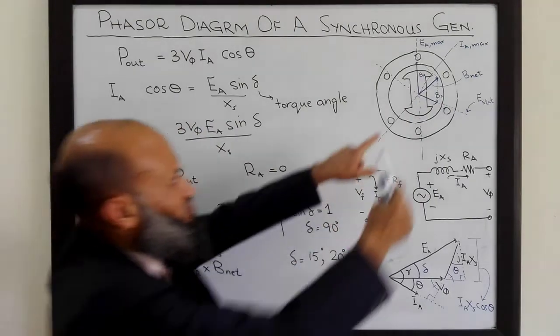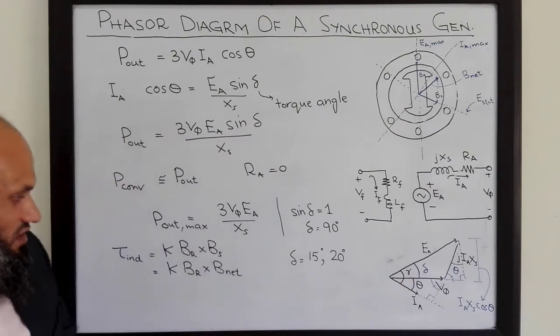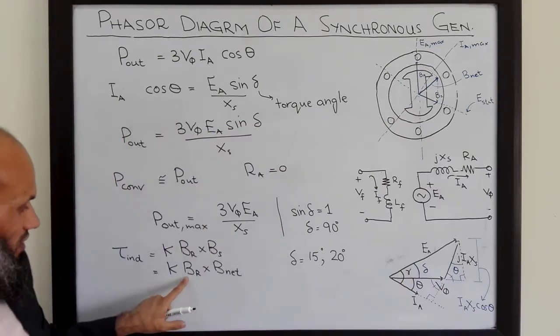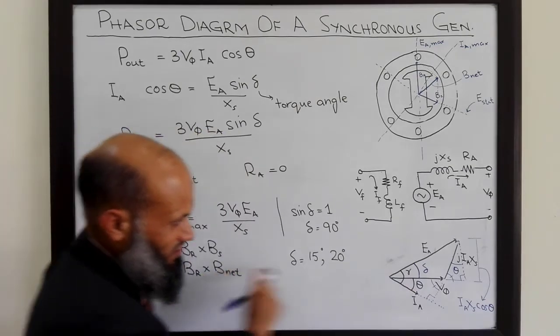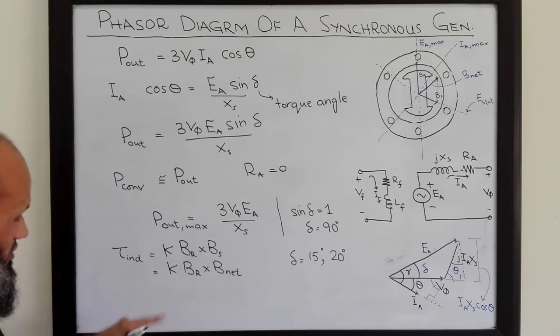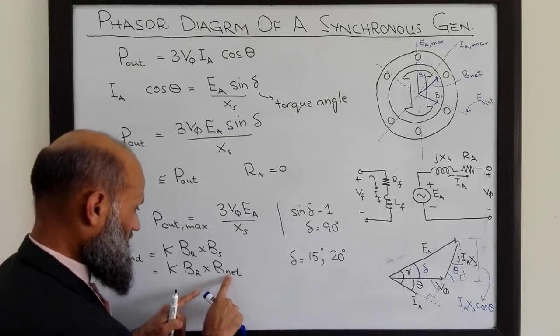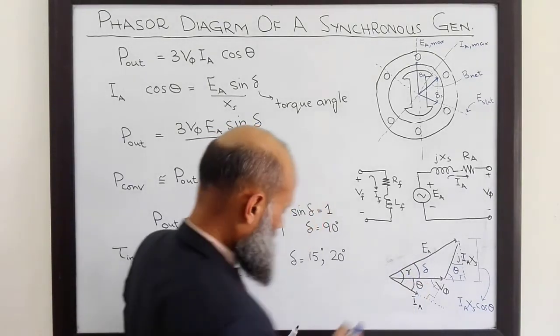And actually this B net is responsible for generation of V phase. That is, BR is in phase with EA and B net is in phase with V phase. Therefore, the angle between BR and B net is the same as the angle between EA and V phase.